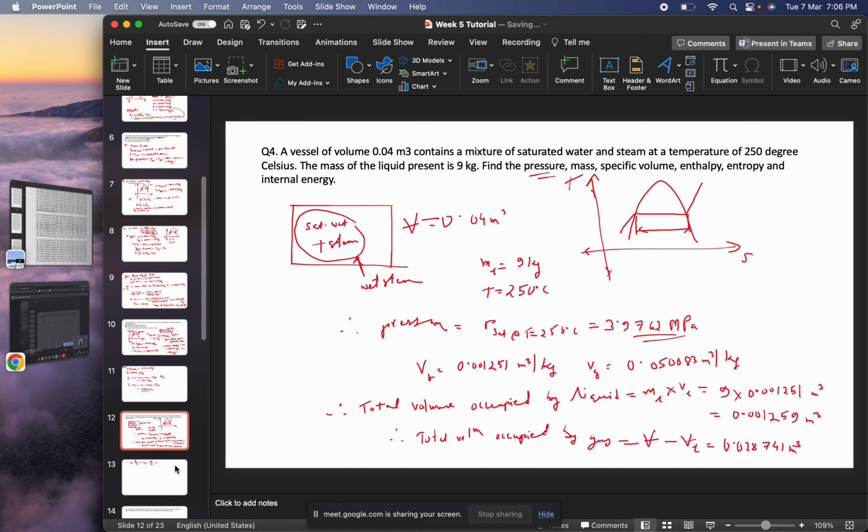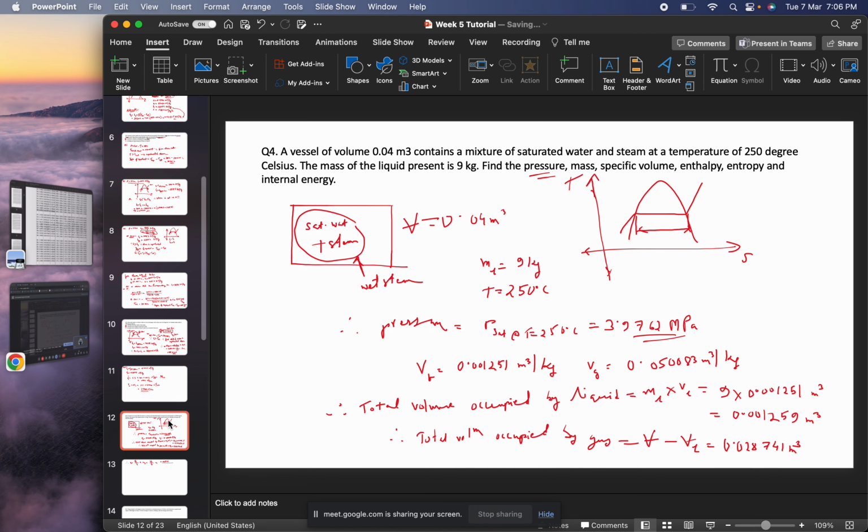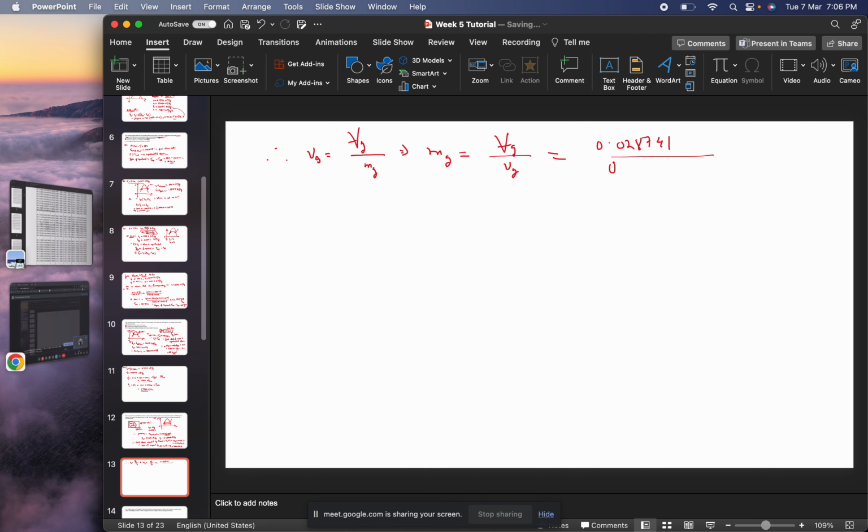Total volume is 0.02871, and that is divided by your Vg, which we have already found as 0.050083.